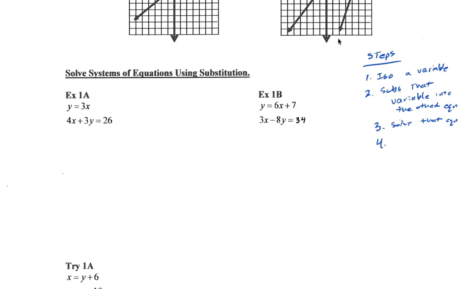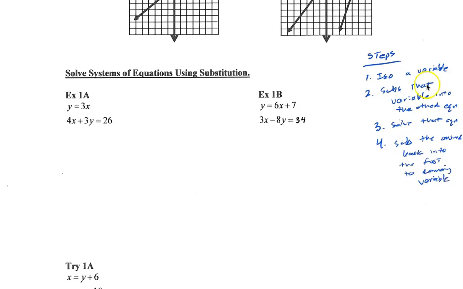And lastly, once we solve that equation, we're going to substitute the answer back into the first equation to find the remaining variable, the one we haven't solved yet. Okay, so those are the steps.